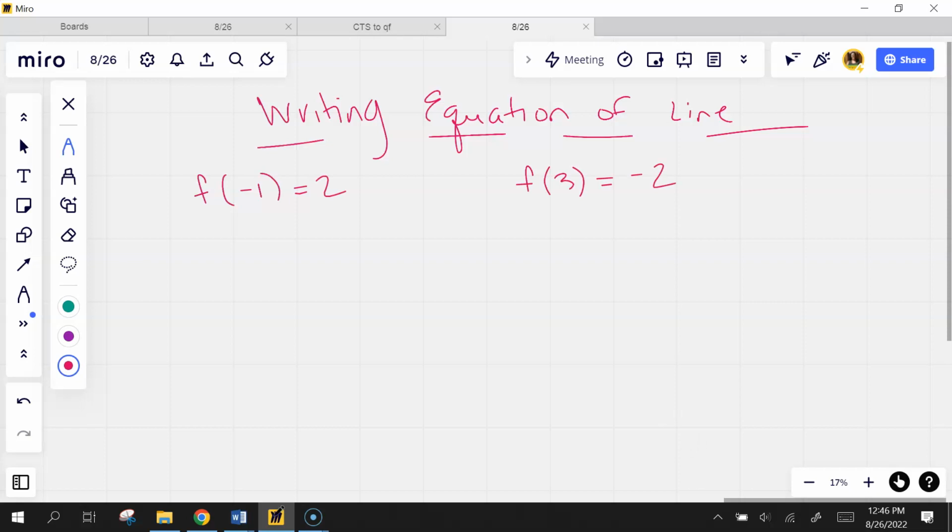And I want to write the equation of the line that goes through those 2 points. f is a linear function.